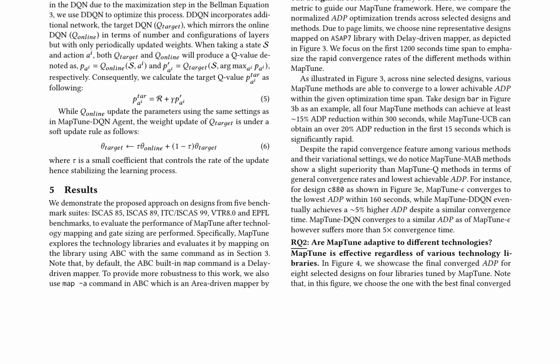The authors also provide experimental results for 9 representative designs mapped on the ASAP7 library with a delay-driven mapper. These results show that various MapTune methods are able to converge to a lower achievable ADP within the given optimization timespan. Furthermore, the results demonstrate that MapTune is able to adapt to different technology libraries, and is effective regardless of the sampling size used.